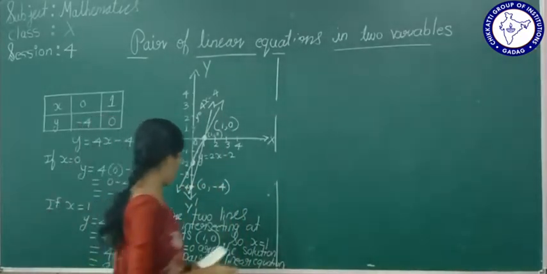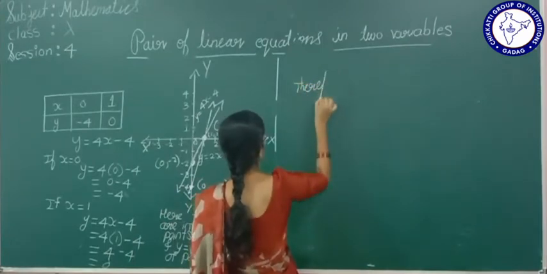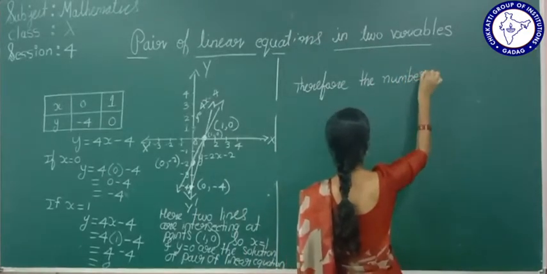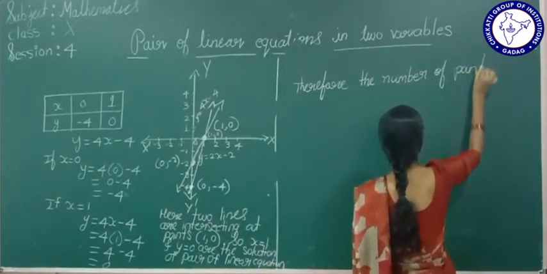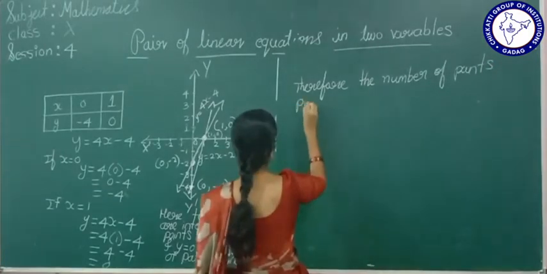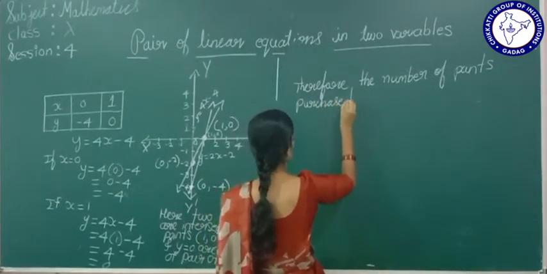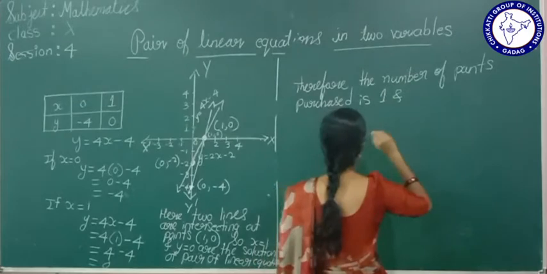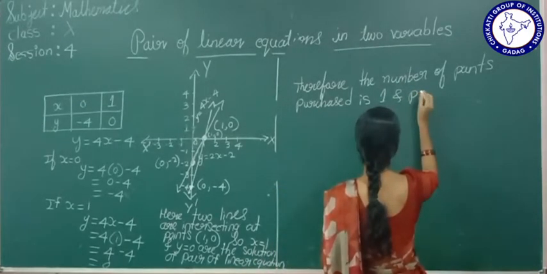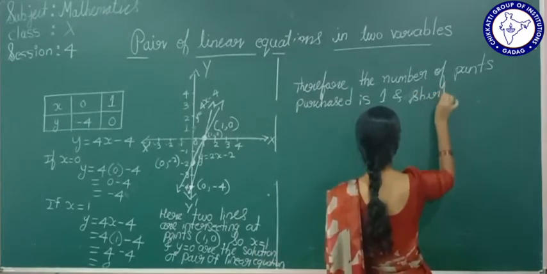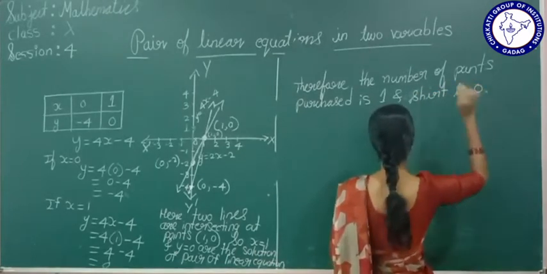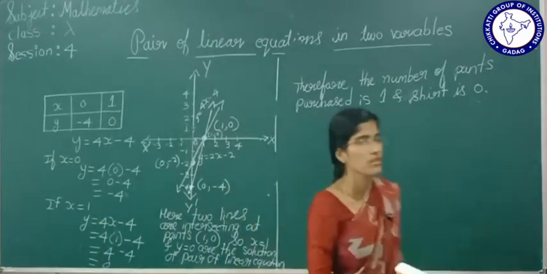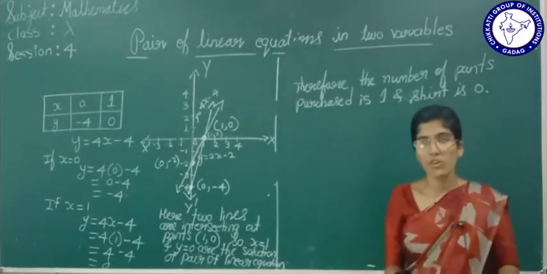Therefore the number of pens purchased is 1 and shirts is 0.